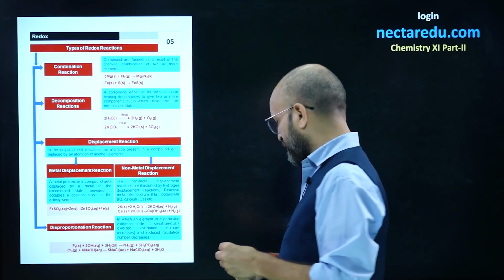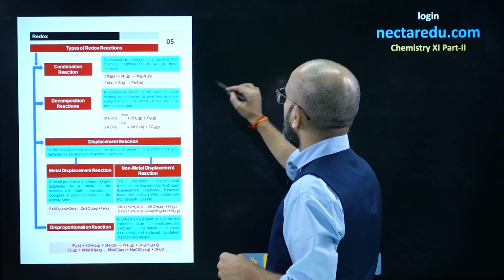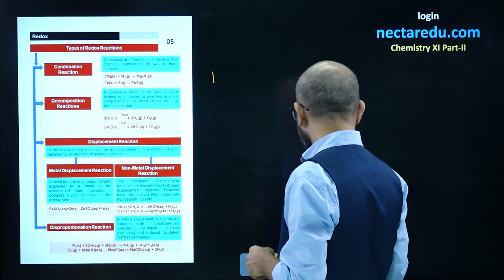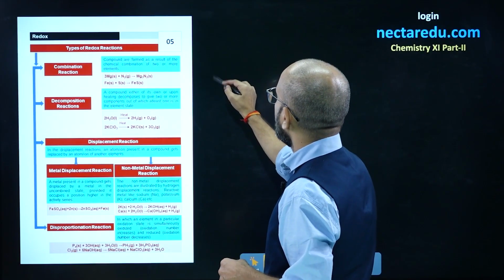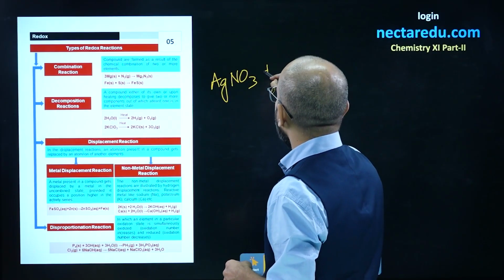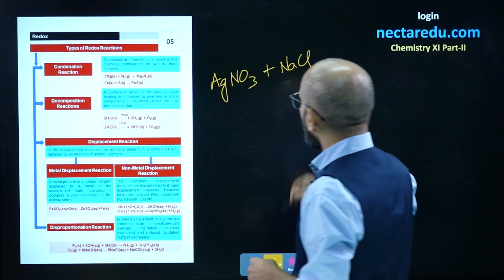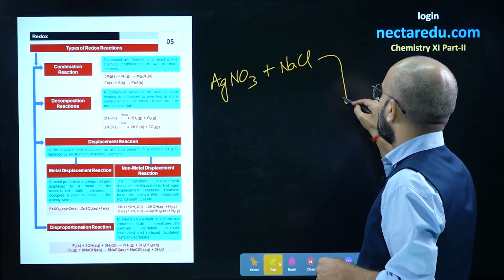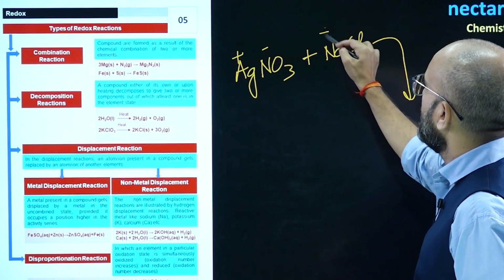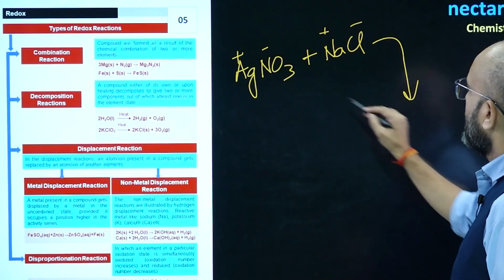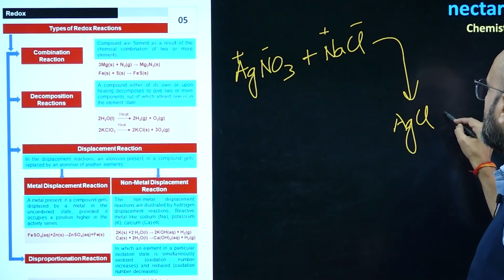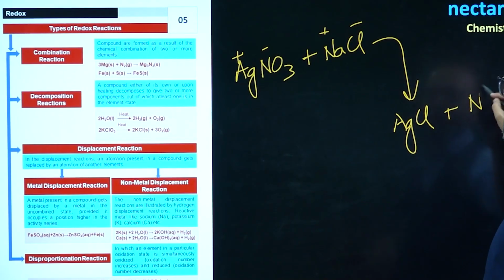For example, we have AgNO3 and NaCl. What will happen is Ag+ NO3- and Na+ Cl-. Ag+ comes across Cl- and forms AgCl, and sodium goes with nitrate.